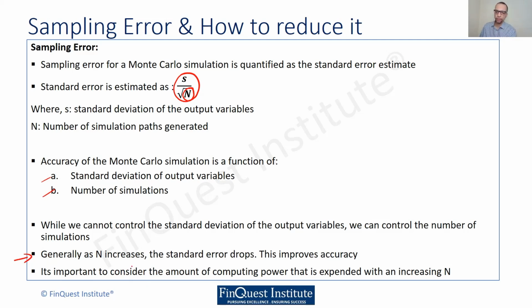However, one thing to be taken into consideration is what should be the correct value for n. Now, unfortunately, there is no single answer to this, because that will depend on the computing power or the technology infrastructure one is working on. As we keep on increasing the number of paths, that increases the amount of computation power which the model is going to demand.